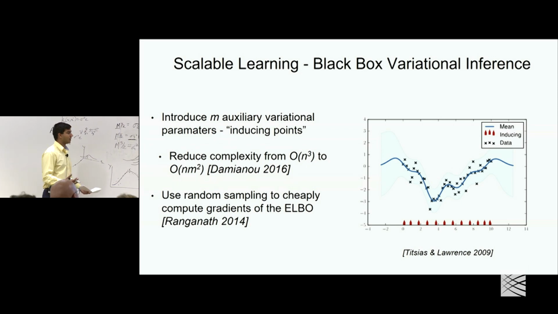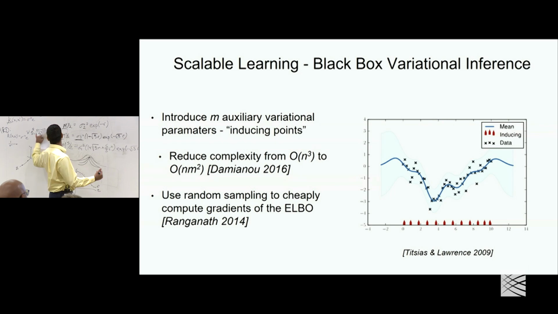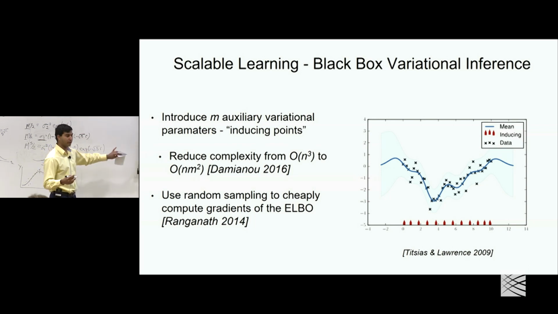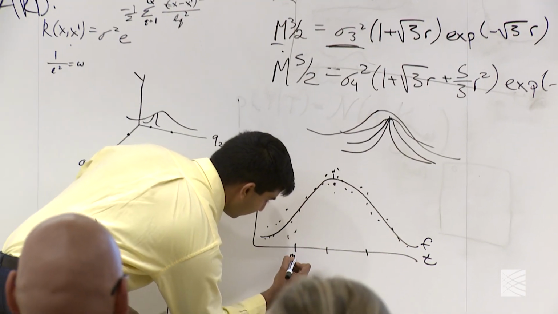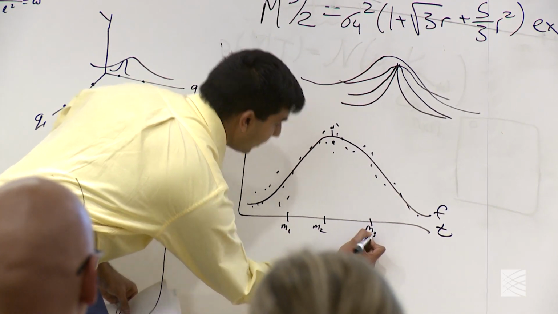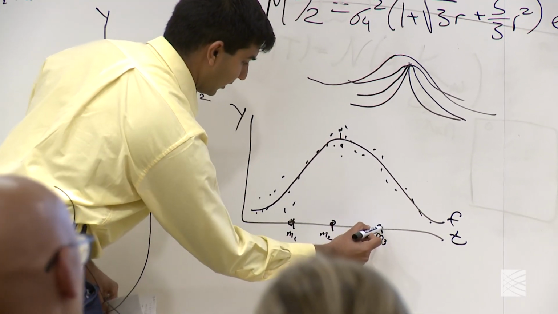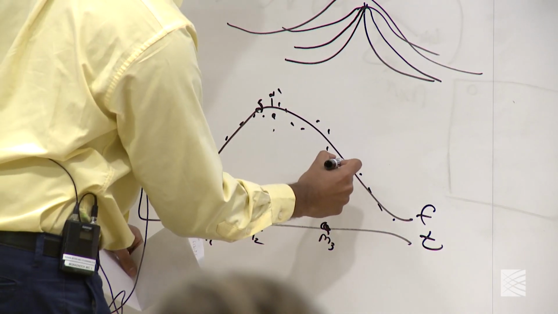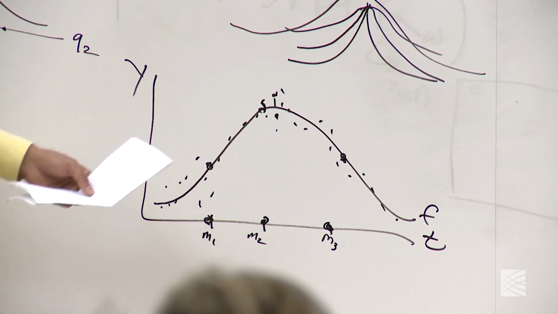Instead of using something like a maximum a posteriori estimate, where we'd have to invert this covariance matrix, we use inducing points, where we introduce auxiliary variables. We learn the M, and we learn the true Y's or F's at these points. Then we use that to propagate information to the other points, so we have an NM squared time.